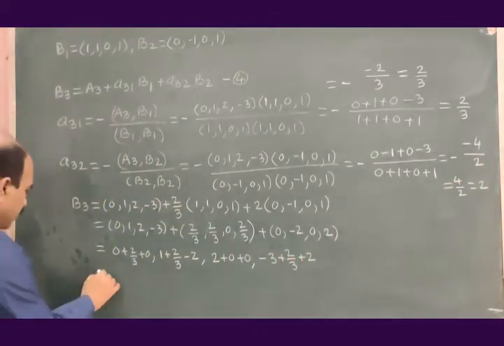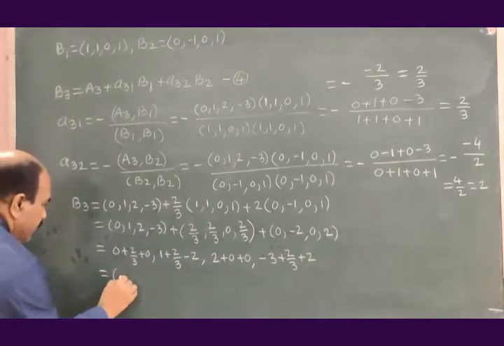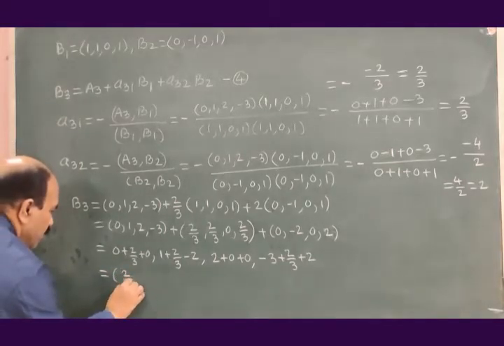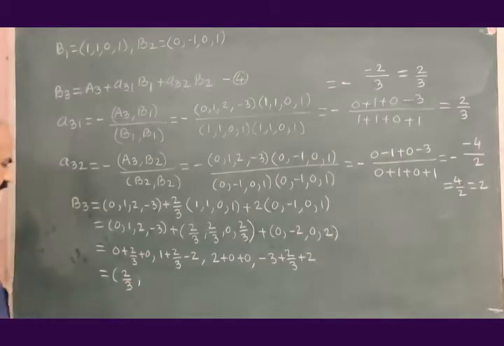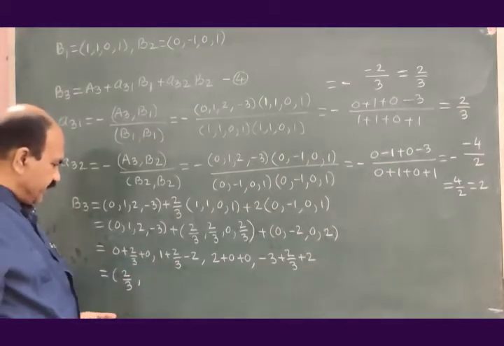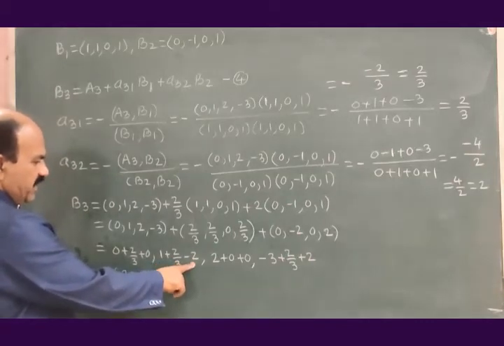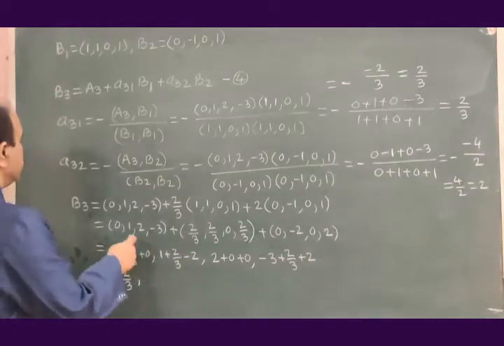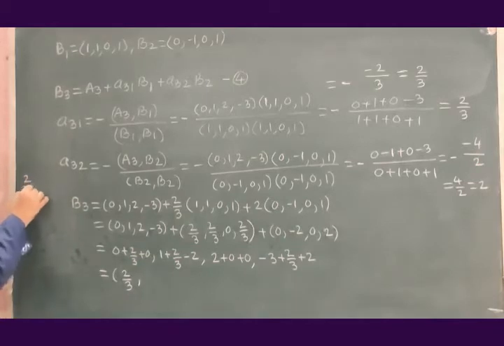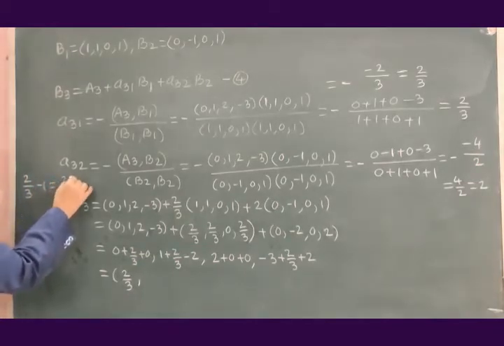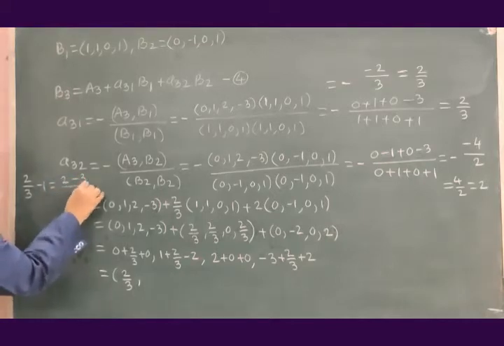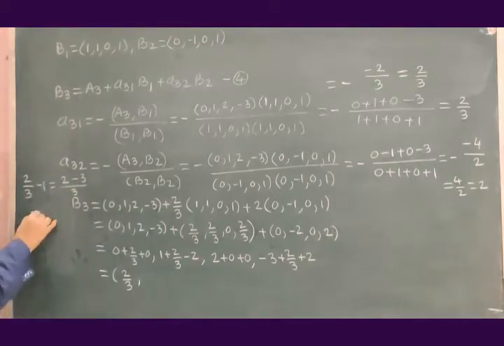This is nothing but, first will be simply 2 by 3, comma. Now this is 1 minus 2 minus 1, 2 by 3 minus 1. 2 by 3 minus 1 is equal to 2 minus 3 divided by 3, that is minus 1 by 3.